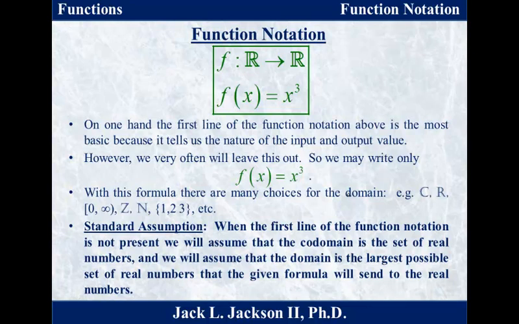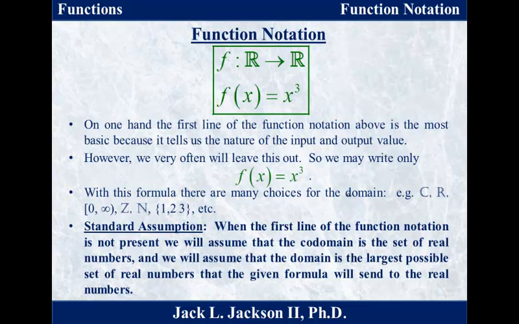But we oftentimes will leave out that line. So we might write f of x equals x cubed and just leave it at that. If that's all we had for a formula, there could be many choices for the domain. For example, we could let the domain be all complex numbers. We can cube all complex numbers, and that would be okay, so then it would be mapping complex to complex.